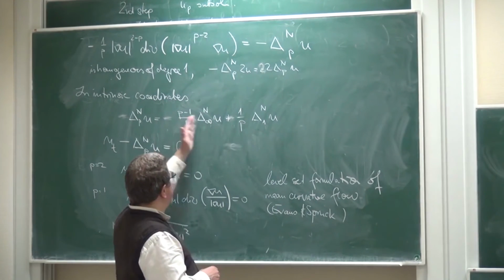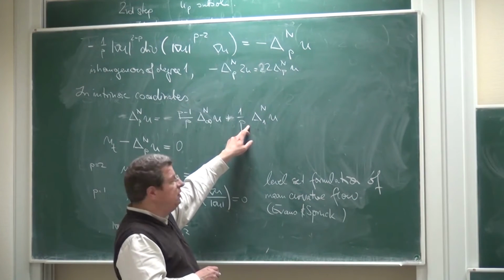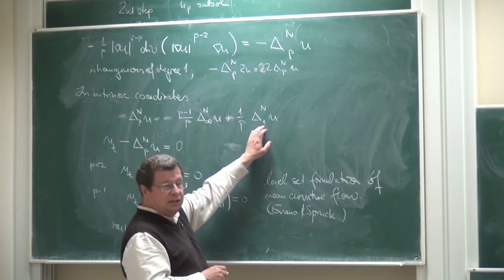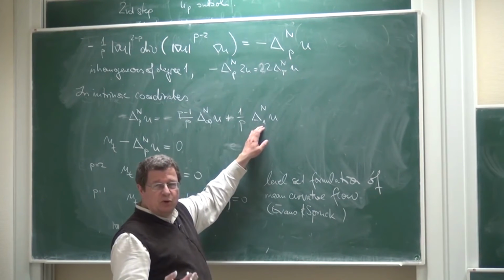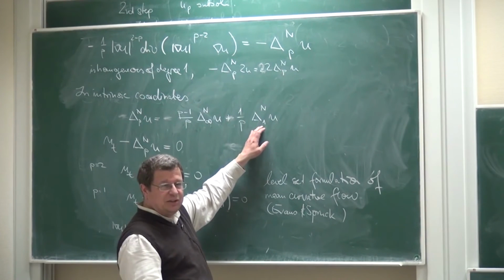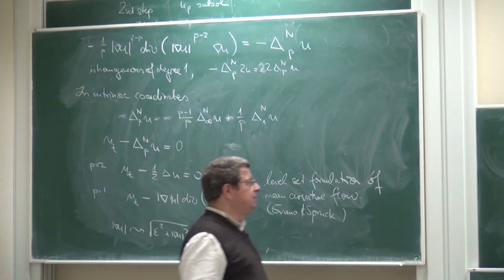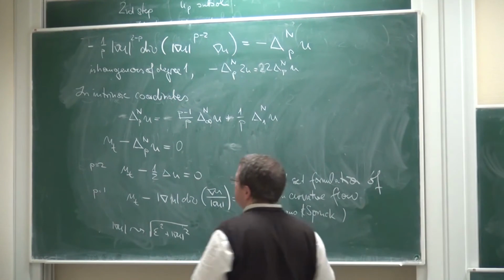Since for p between 1 and infinity these two coefficients are both positive, we have a truly elliptic operator here. In some sense, this is a more benign elliptic operator than the p-Laplacian operator. It is not so degenerate. And so it makes sense to look at this equation.